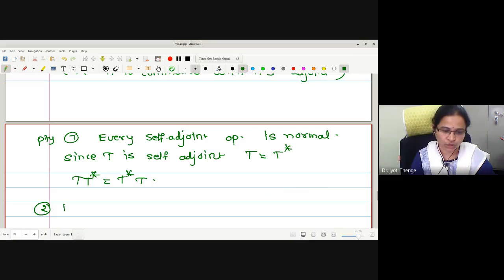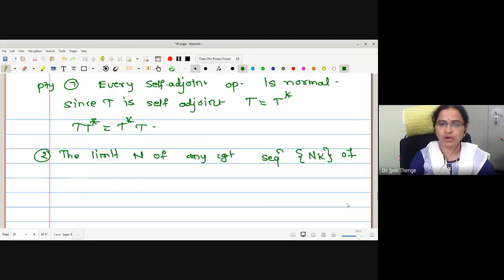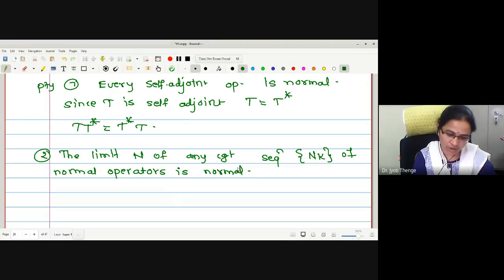Property number 2: the limit of any convergent sequence Nk of normal operators is normal. The limit of a sequence of normal operators is a normal operator.